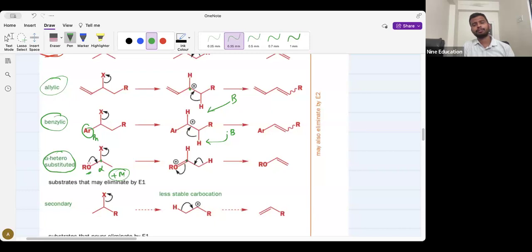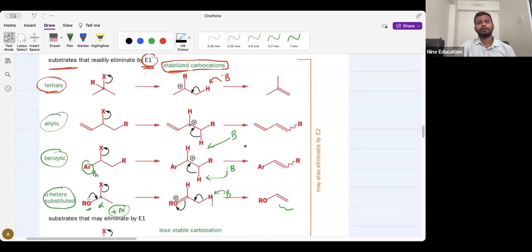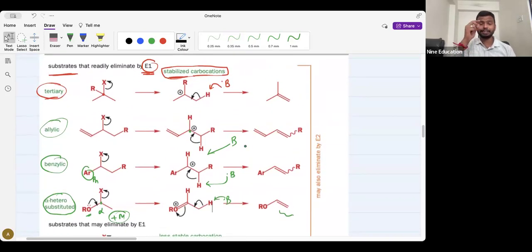Now the base can come, take the hydrogen, and will make a double bond here. So these all cases are E1 elimination, where you are getting a stabilized carbocation after removal of the halogen.